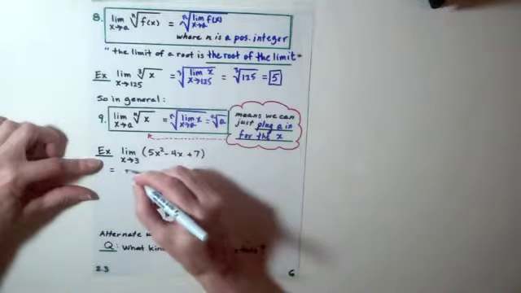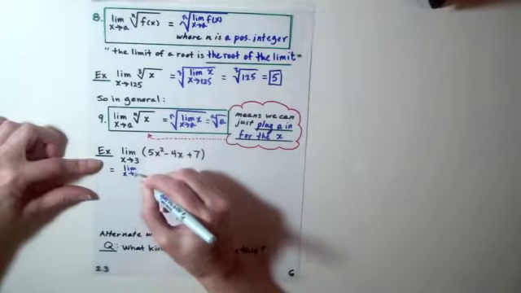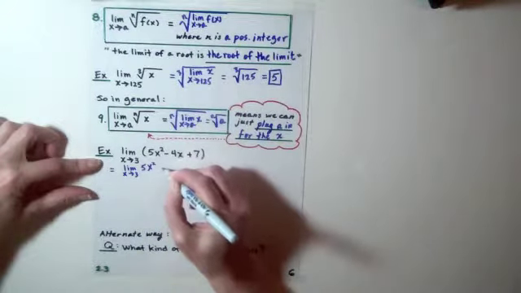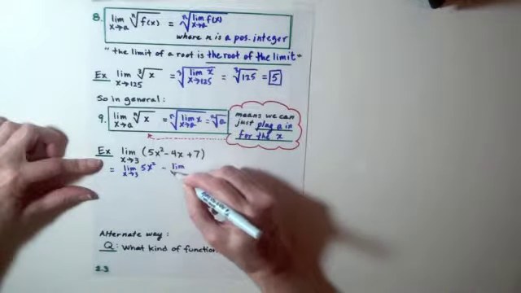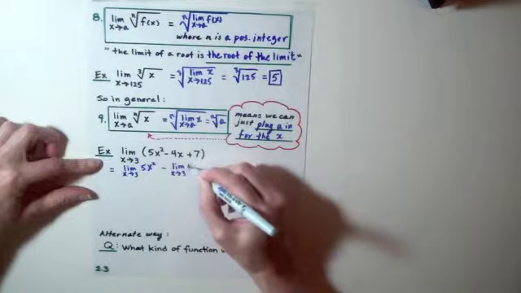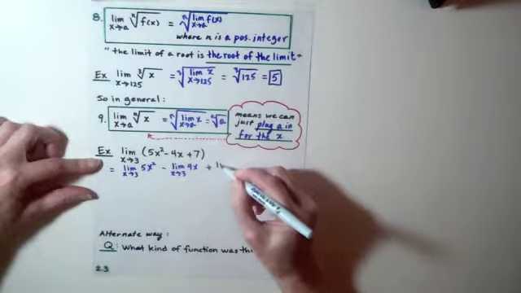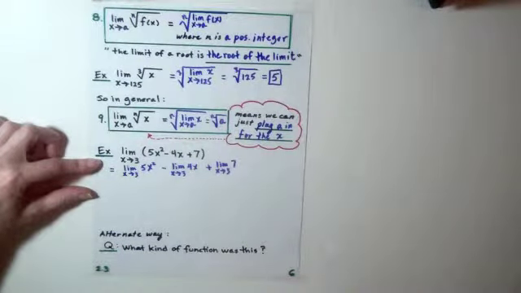So this would be the same thing as the limit as x approaches 3 of the first term, 5x squared, minus the limit as x approaches 3 of the second term, 4x, plus the limit as x approaches 3 of the last term, 7. And there I'm really applying the sum and difference laws.